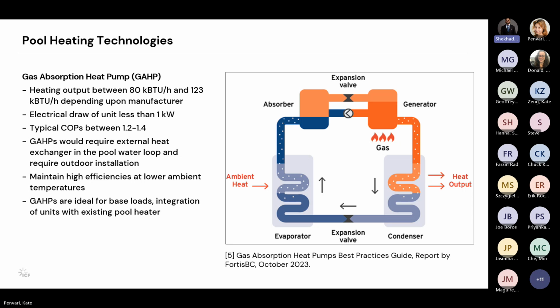Also, several units can be coupled or added to increase the overall heat output of the system. So this summarizes the lessons learned from the best practices guide released by Fortis PC. Next.